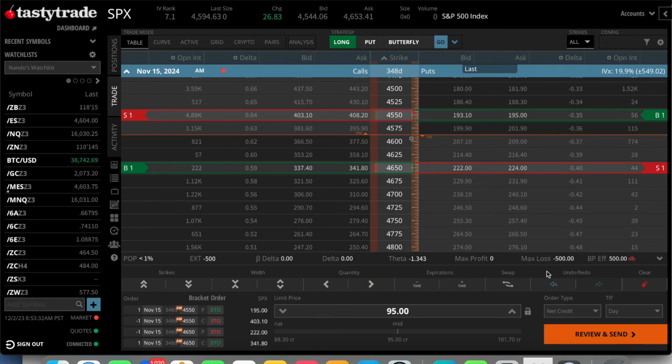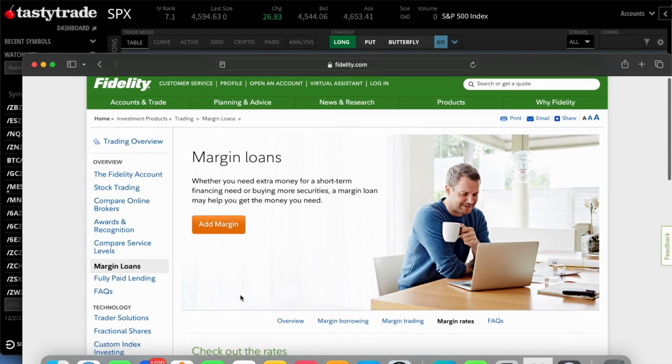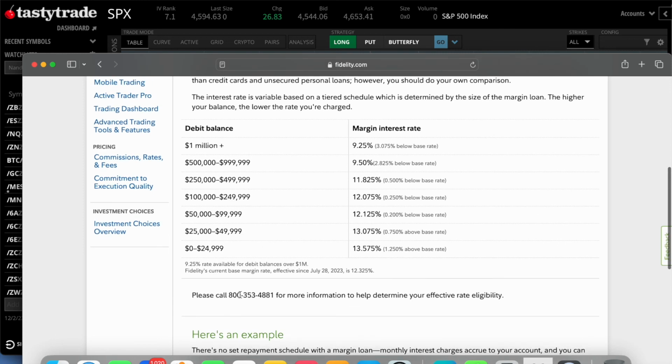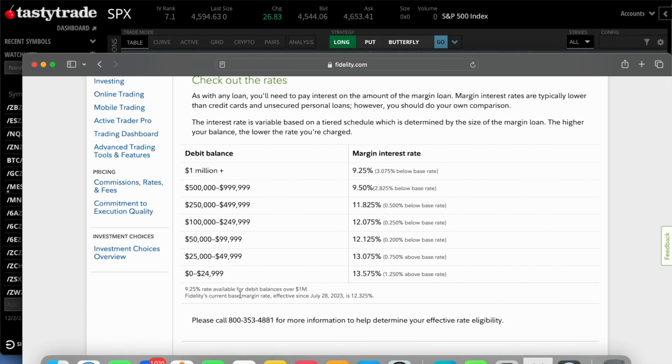But what that means is that you have effectively turned this trade into a margin loan vehicle at the rate of 5%. Again, that's 500 divided by 9,500. You've turned it into a 5% loan that you get to use, as opposed to these ridiculous rates that we previously saw.